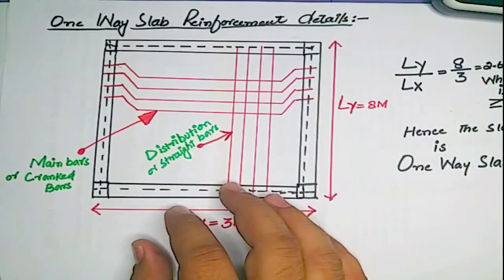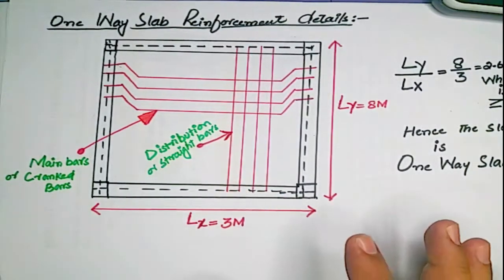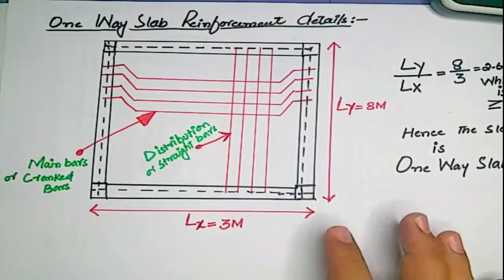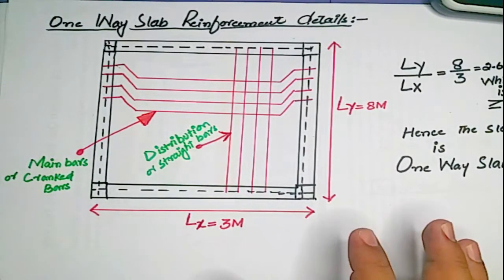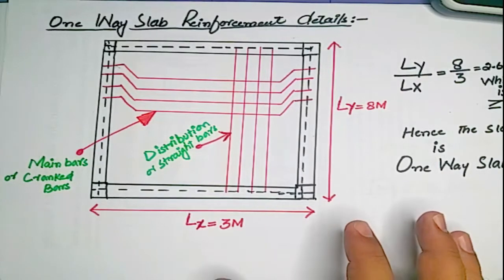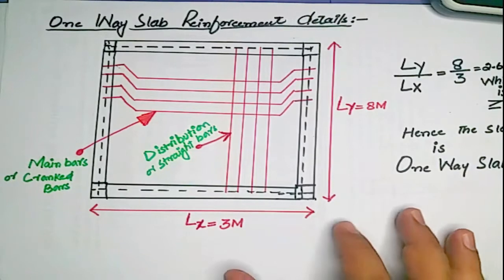Now the reinforcement detail for a one-way slab. Which type of reinforcement will be used in a one-way slab and how can we provide reinforcement in a one-way slab?